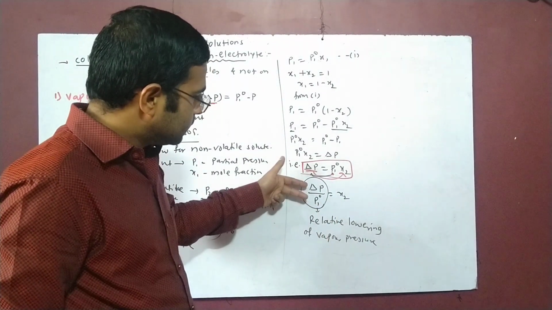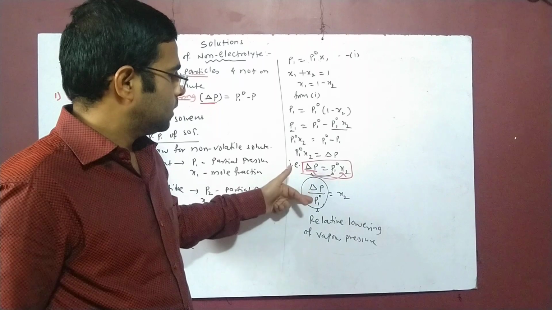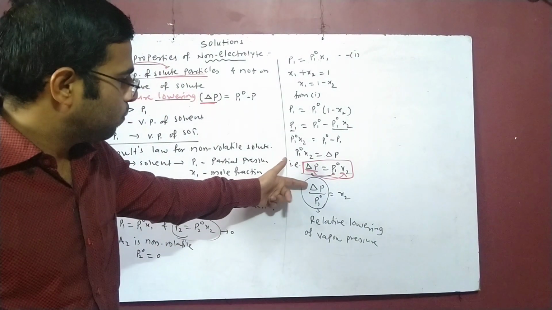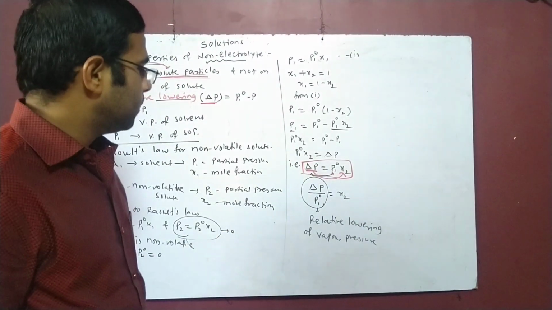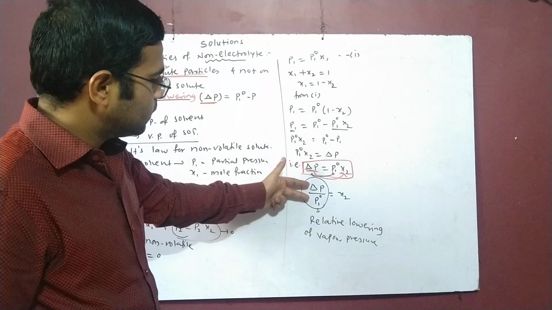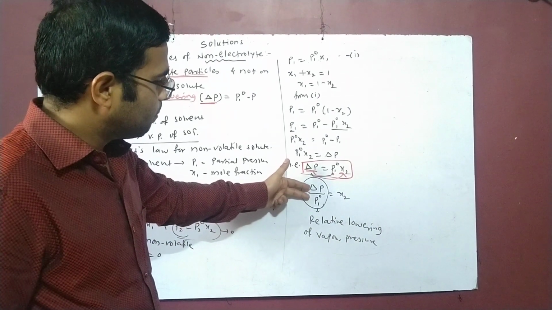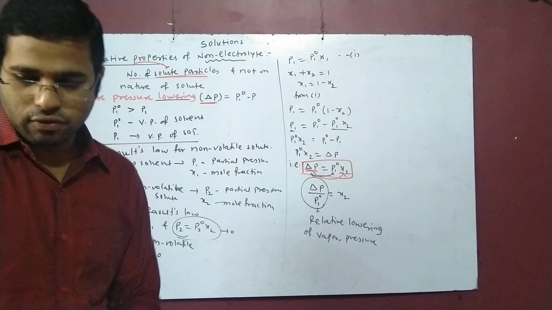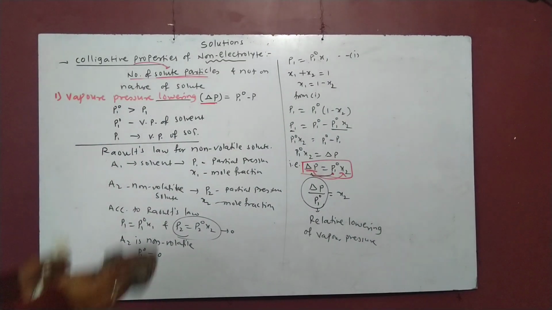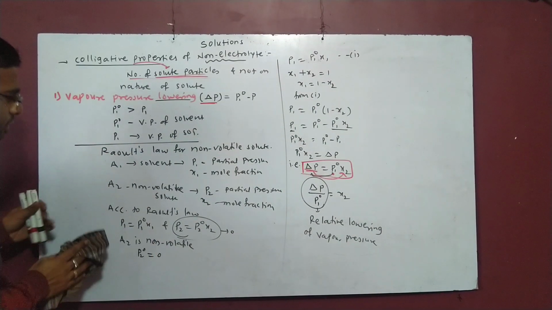Why is it called relative? Because it is the ratio between the lowering of vapor pressure and the vapor pressure in the pure state. That's why it is called the relative lowering of vapor pressure, which is equal to the mole fraction. After this, we have to discuss one derivation.